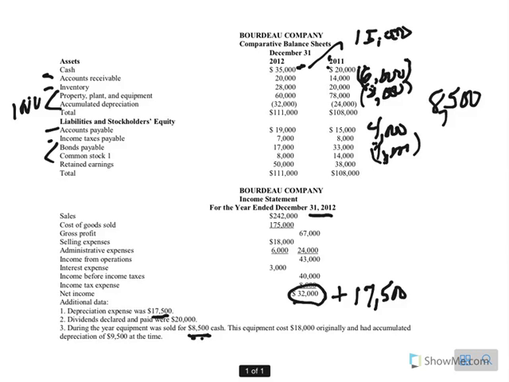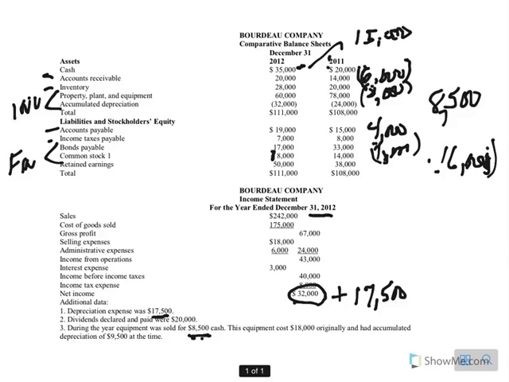Finally, I look at financing. Financing is debt, which is bonds payable or bank loan payable, and common stock. So this is financing activities. Now, what happened? Bonds payable went from 33 down to 17. Well, I paid that off. So that is a 16,000 use of cash.